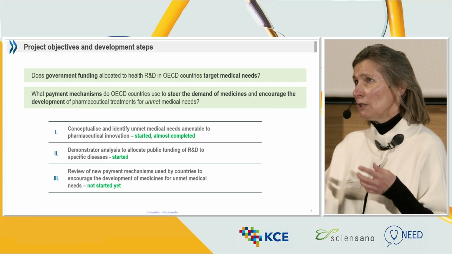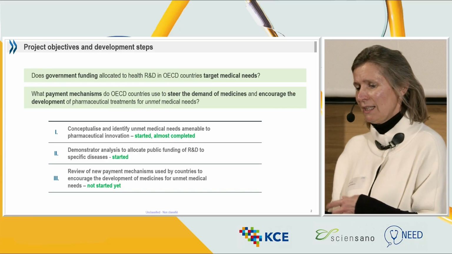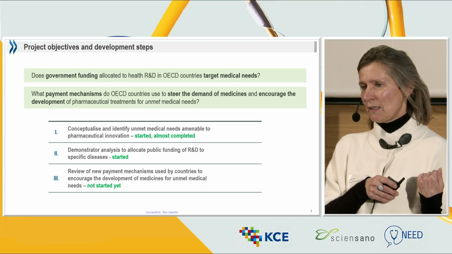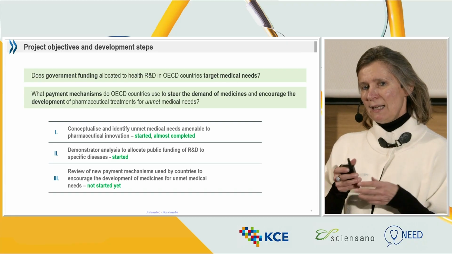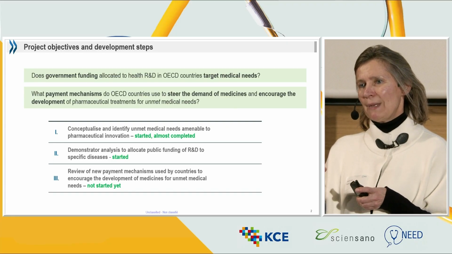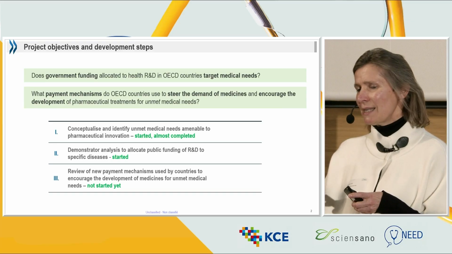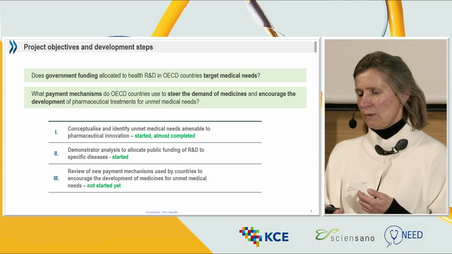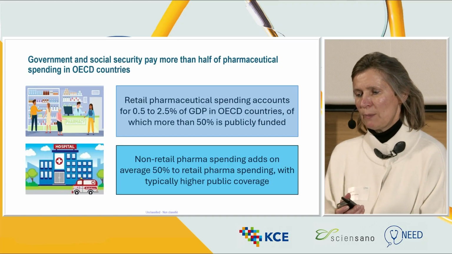What we need the most is new drugs. Then we will look at the public funding side, and at the end we will also review the demand side payment from the pricing and reimbursement policies that we have to also encourage new drugs for unmet need.